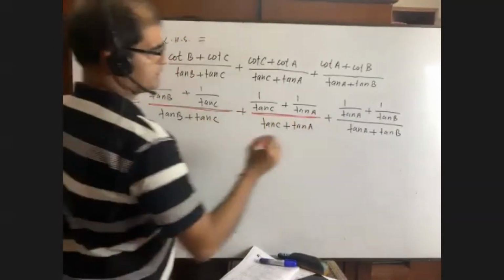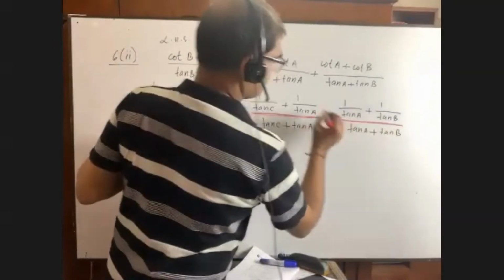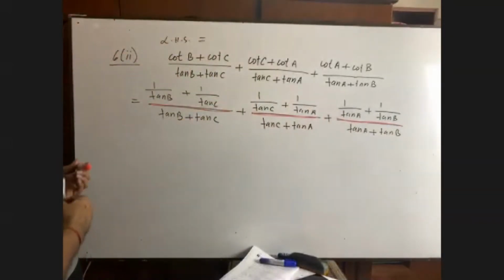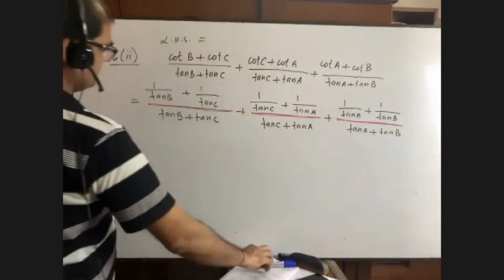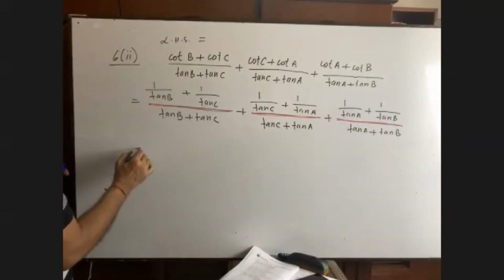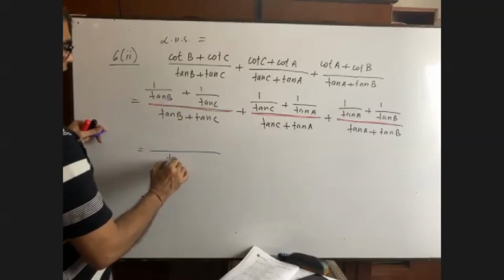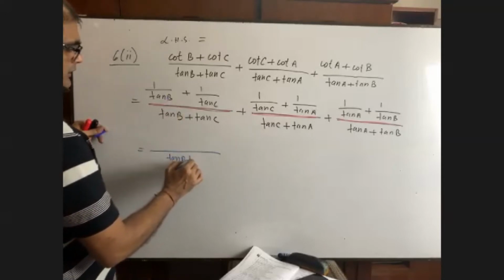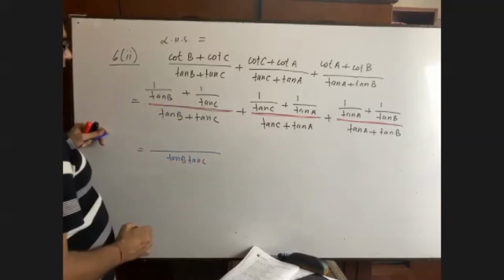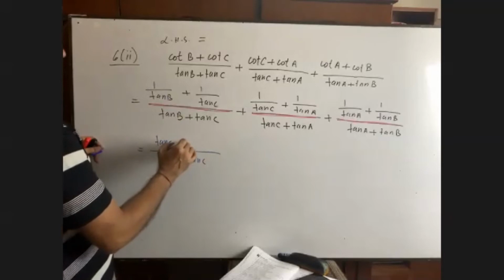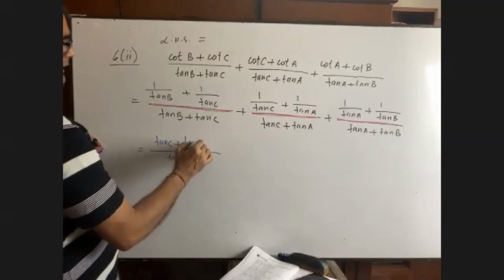Red mark. I mean, this is the sign of fraction. Just to differentiate. Now, you just let me know what will be the LCM in the numerator. Tan B, tan C, right? And we get here what? Tan C plus tan B. Am I right or not?